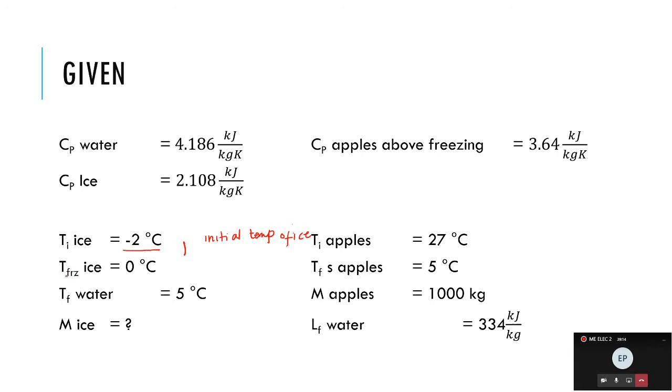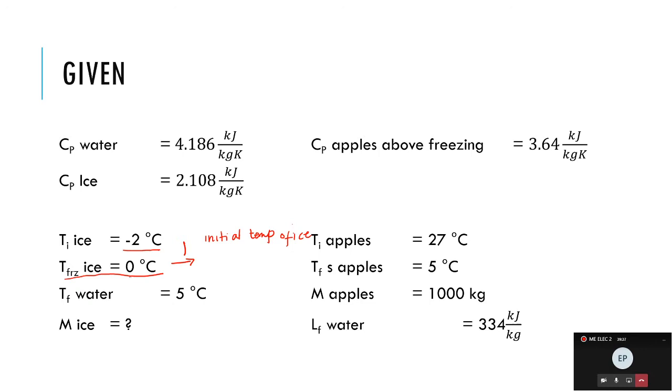Now, is this given in the problem or not? No, it's not given in the statement of the problem, but it is necessary in the calculation because it's standard. Everybody knows that the freezing point of water is zero degrees centigrade.